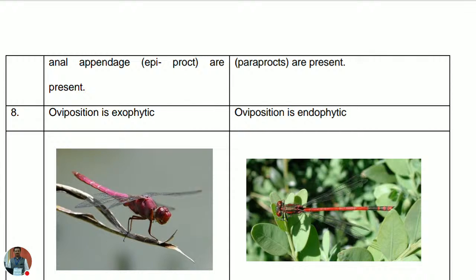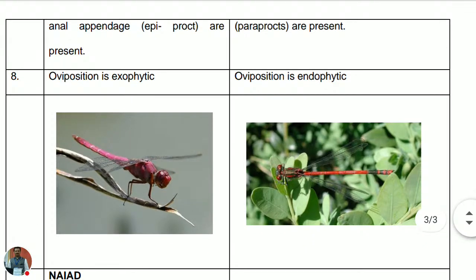When the eggs of these damselflies hatch, the nymphs, that is the naiads, will just fall off and continue their life cycle in the water only. So this is the basic difference between exophytic and endophytic.